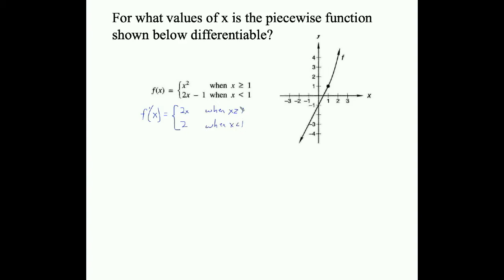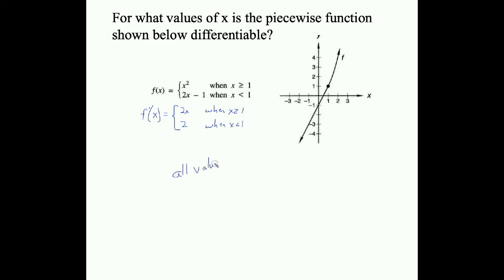So let's look at what happens at 1. When you plug in 1 here, you get 2. When you plug in 1 here, you get 2. So in both cases, right where they meet at 1, they're the same derivative, so they are differentiable. So for what values of x is the piecewise function shown below differentiable? Well, for all values of x.